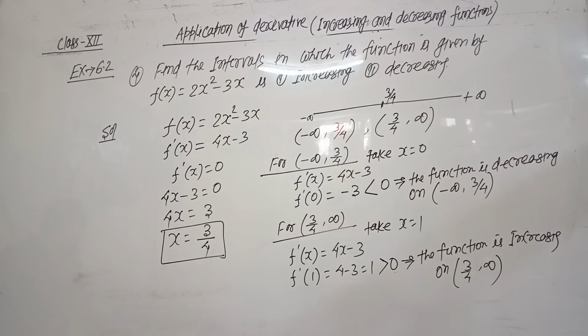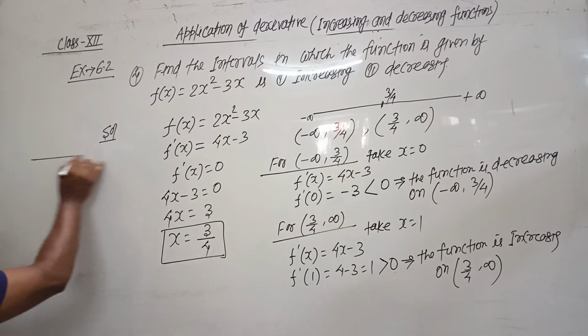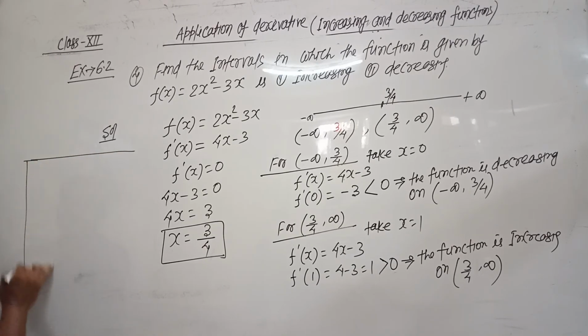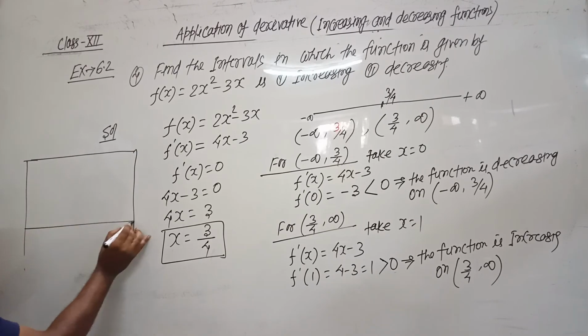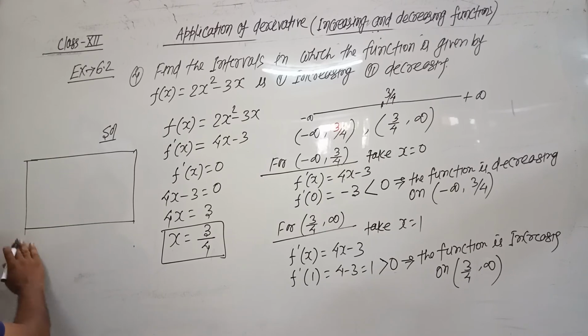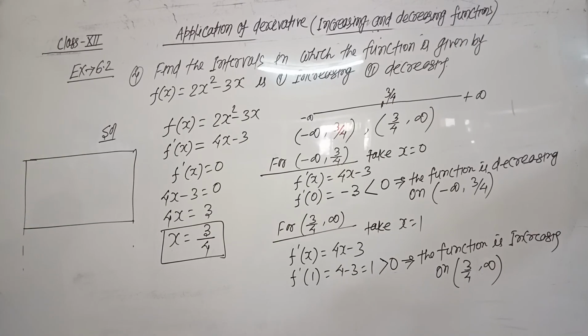And in the very last, what we have to do is make a table to write the final answer. In the table we have to make 3 columns.